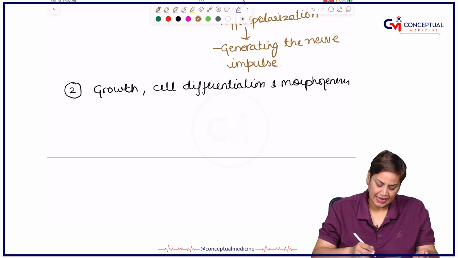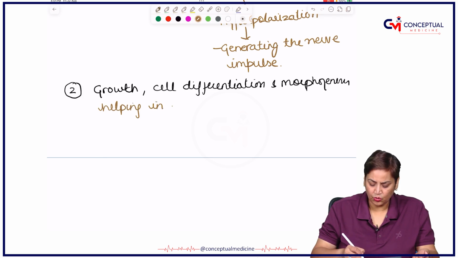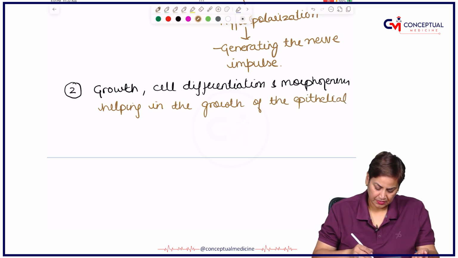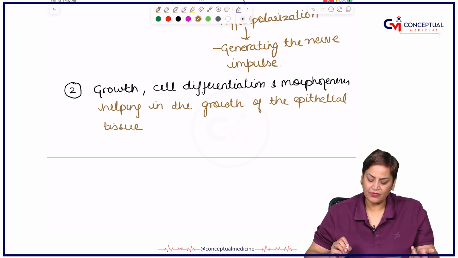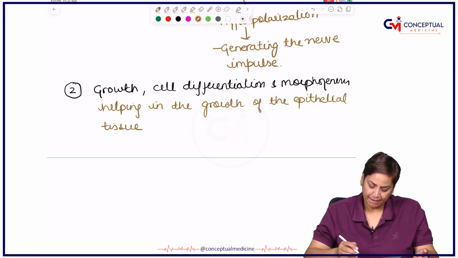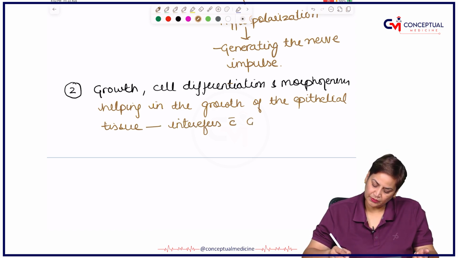Or basically it is helping in the growth of the epithelial tissue. And another function is obviously how in the growth of the epithelial tissue we can simply say that it interferes with gene expression also.